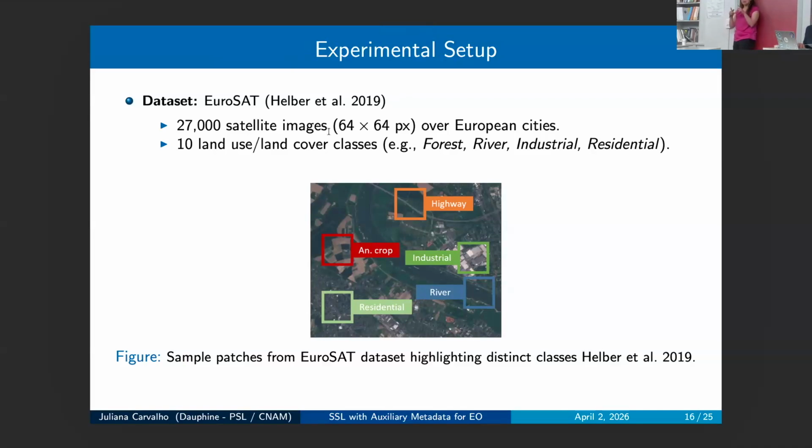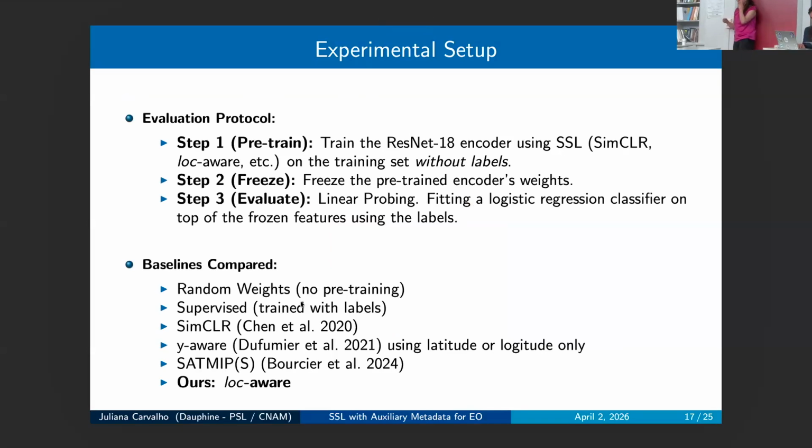So it's a pretty small image, and it covers 10 different land use or land cover classes, such as classifying if a place is a forest, a river, an industrial building, a residential building, and these were extracted as patches from a bigger image.